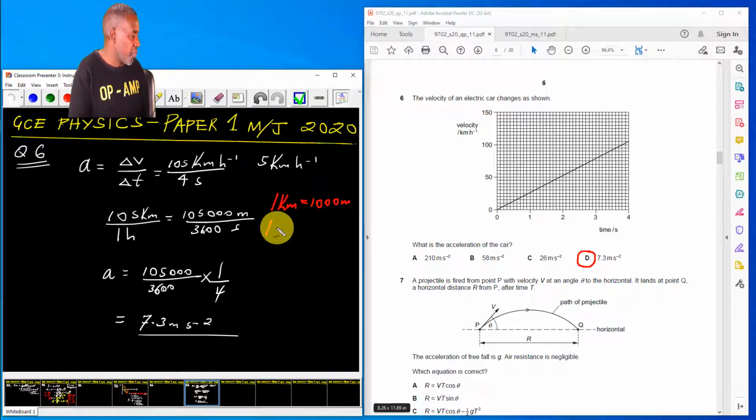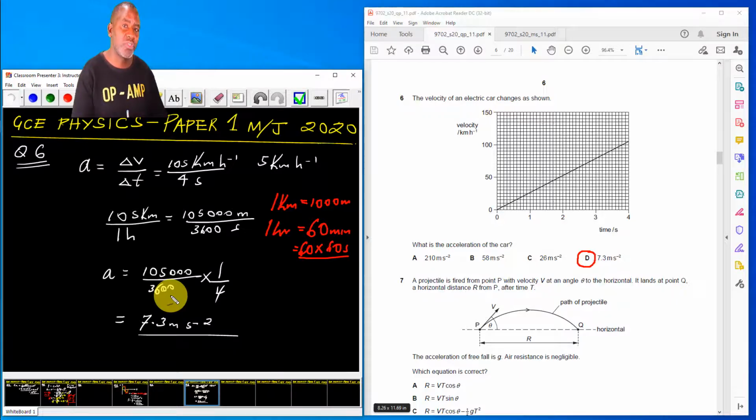I also know that in 1 hour there are 60 minutes, and in 1 minute there are another 60 seconds. So in 1 hour there are 60 times 60 seconds. After using this for quite a long time, I'm able to just come up with 3600, which is very easy. That is how you would work out question 6.